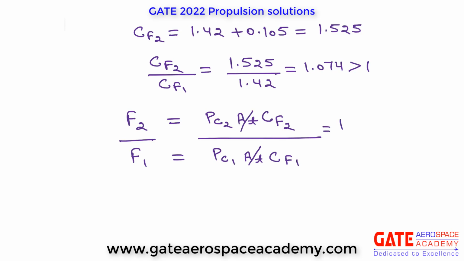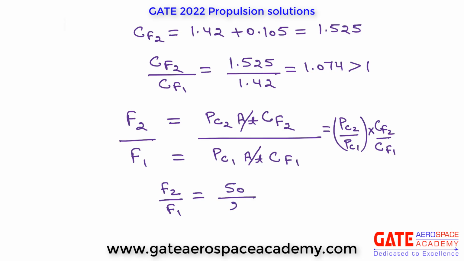We will get PC2 by PC1 into CF2 by CF1. So F2 by F1 is equal to PC2 is 50 bar upon 20 bar into CF2 by CF1, that is 1.074.